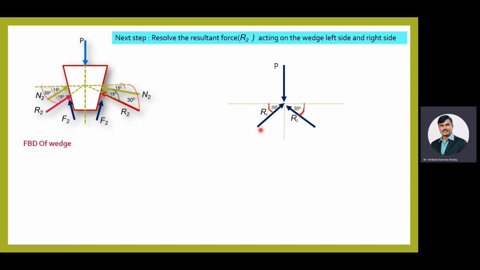Here the horizontal component is R2 cos 30 degrees and the vertical component is R2 sin 30 degrees. Similarly, for this also we will draw the horizontal component as well as vertical component. The horizontal component is R2 cos 30 degrees and the vertical component is R2 sin 30 degrees.